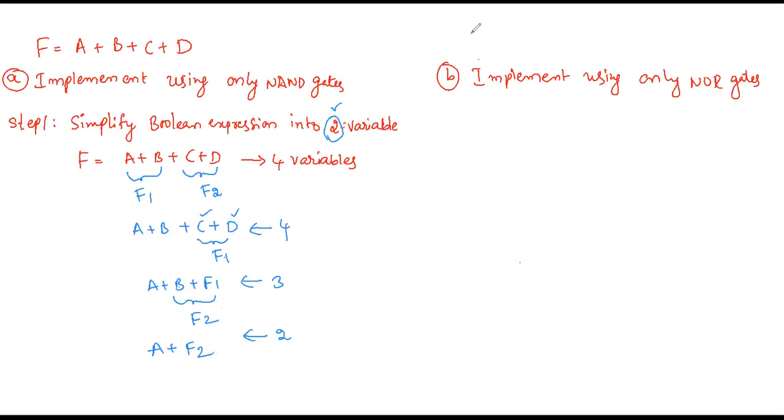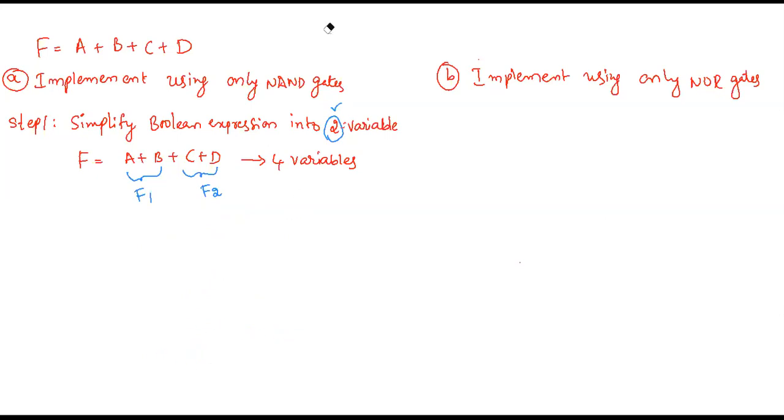There are so many possibilities, you can go as you want. F = F1 + F2. This is two variables, and check F1 is only having two variables, F2 is also having two variables.